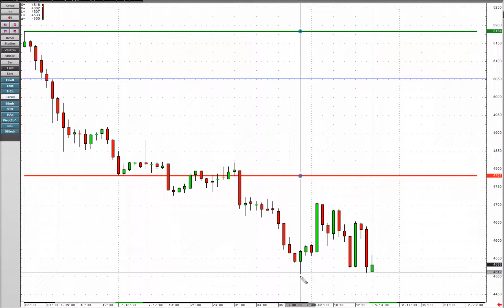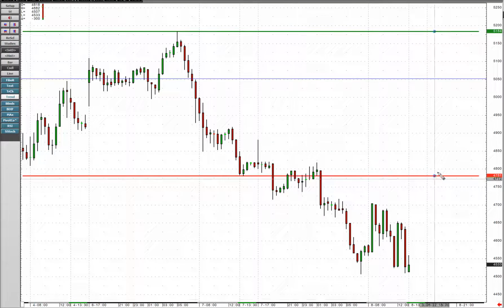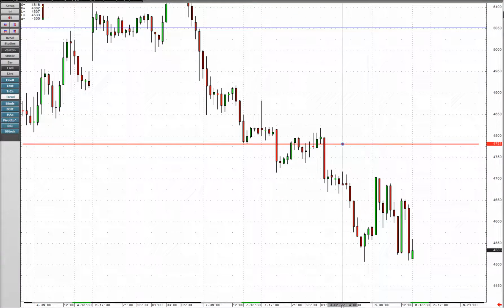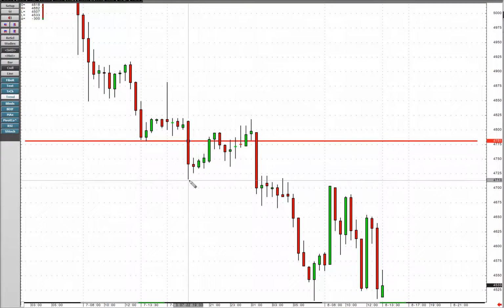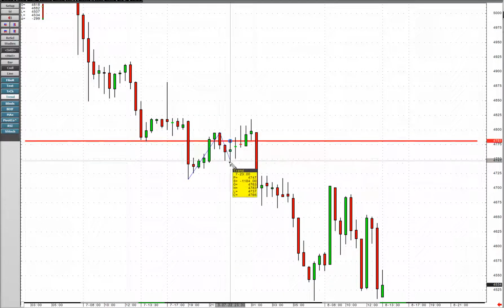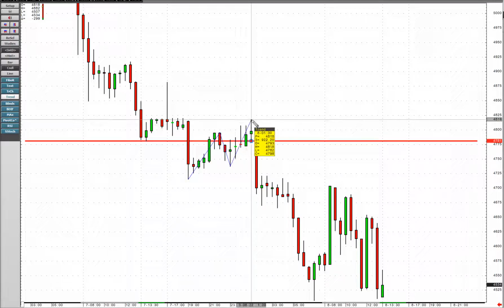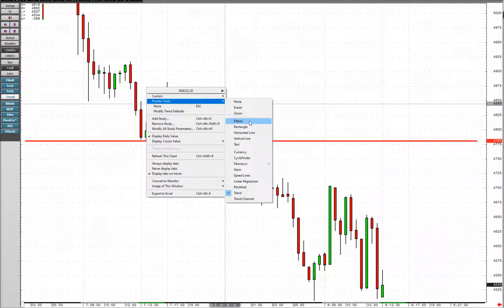And I was watching it overnight on my phone. I don't trade from my house. I have to set some boundaries. We broke down below on the 7 p.m. bar, and we put in a very clean A, B, C up. And this right here would be your risk bar.